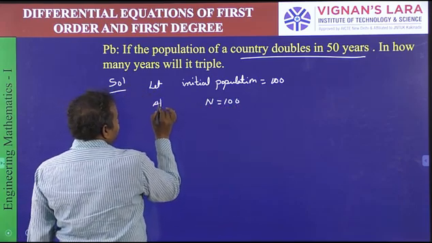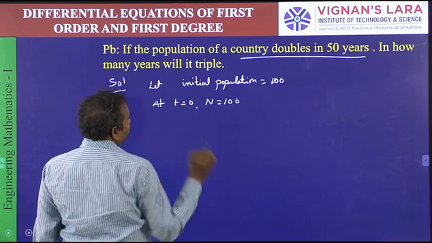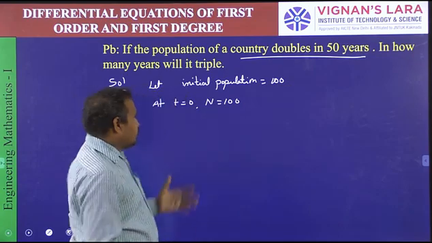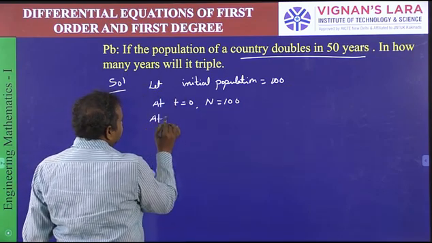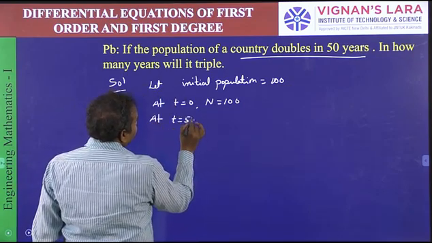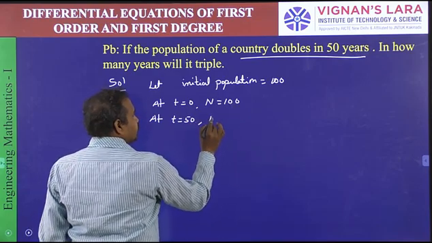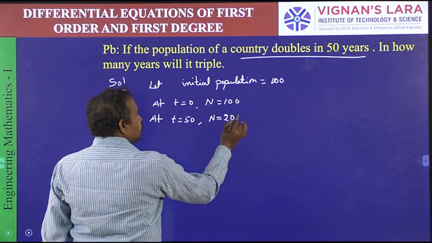That means at t is equal to 0, N value is 100. The population of a country doubles in 50 years, so at t is equal to 50 years, 100 doubled means 200. That means N value is 200.